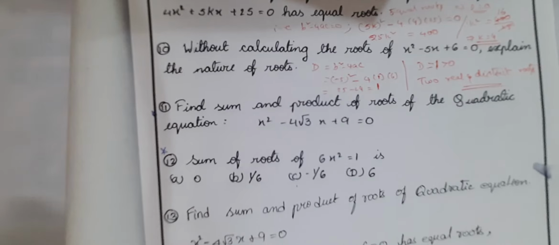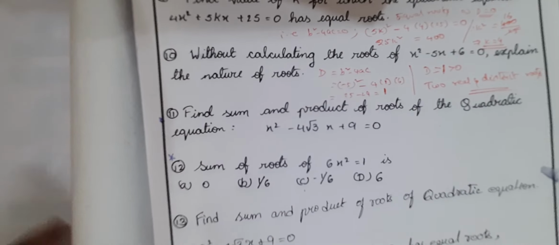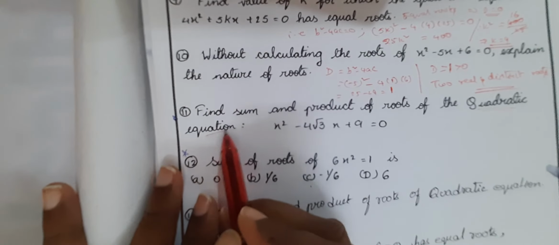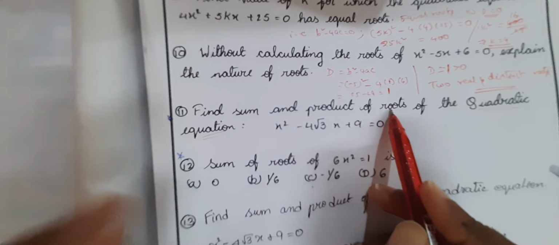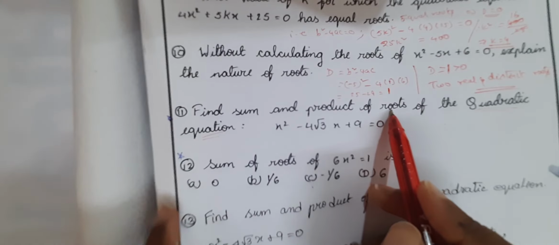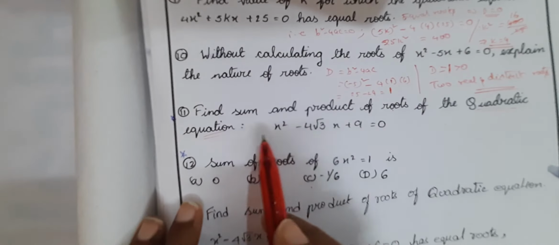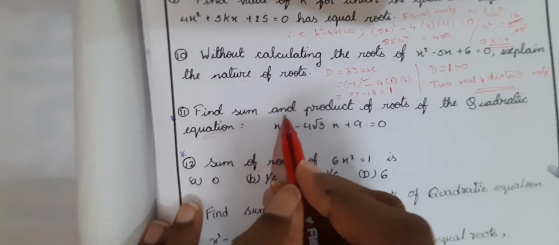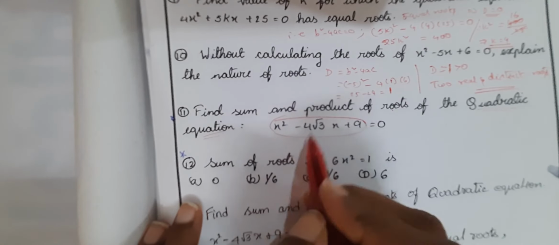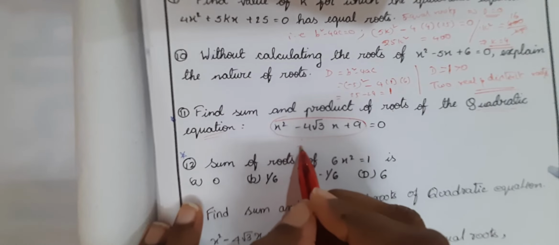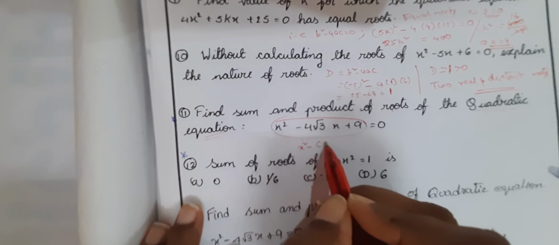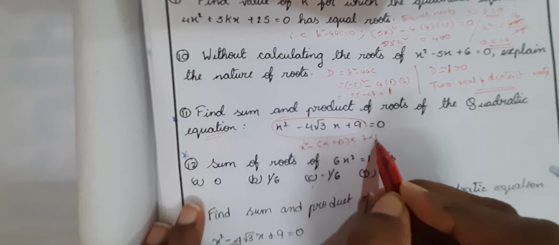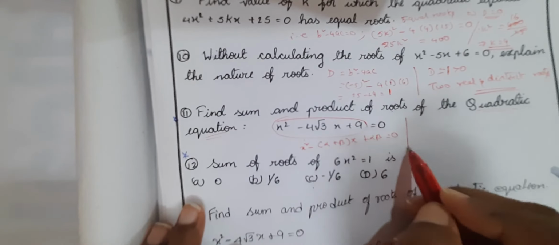Right. Now find the sum and product of the roots of the quadratic equation. See here, already we discussed quadratic equation, whatever the roots are there are of course the zeros of the quadratic polynomial. If you take this one as a quadratic polynomial, then this can be written as x square minus (alpha plus beta) into x plus alpha beta is equal to 0, is it not?